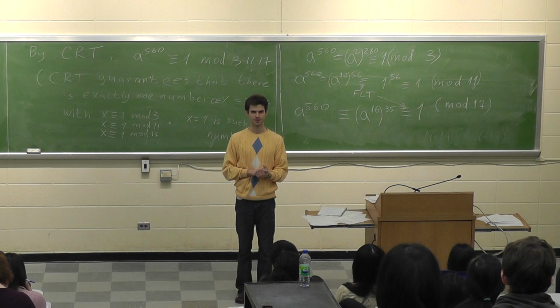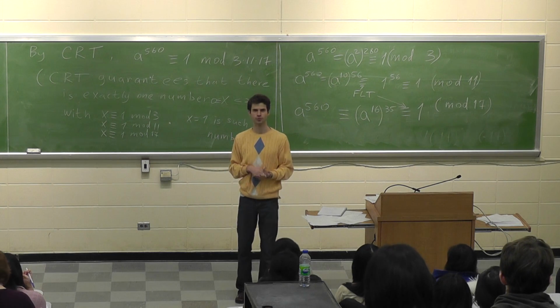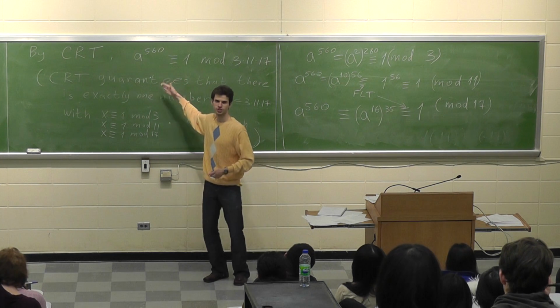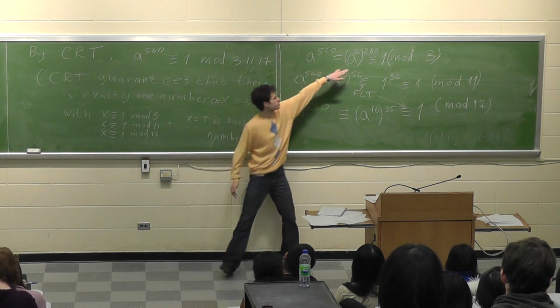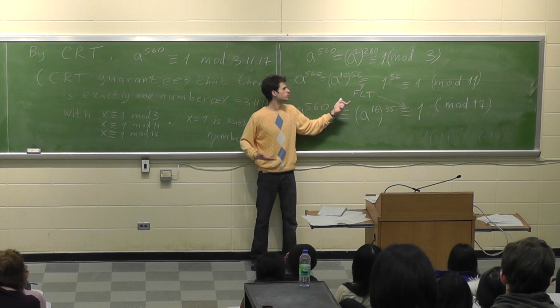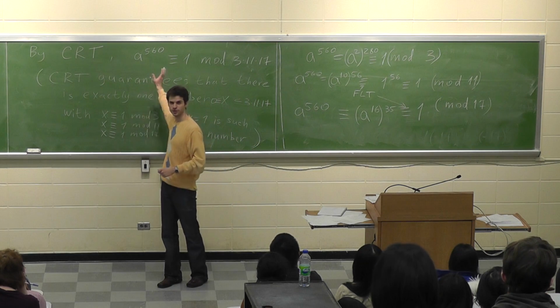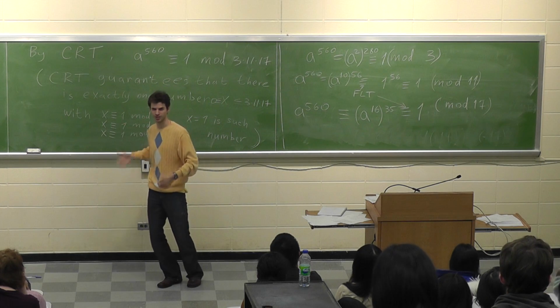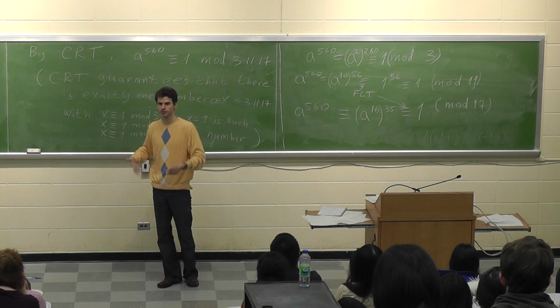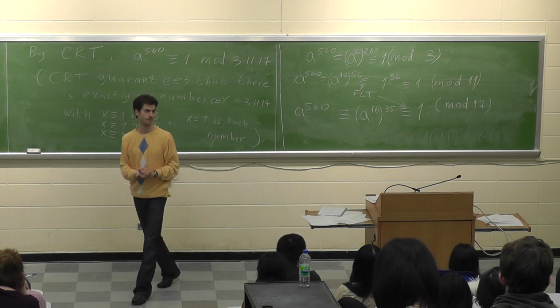I mean, you should know even before you get to this point that the Chinese remainder theorem, whatever answers you get here, will let you know the answer modulo the product, without actually figuring out what it is. You should know that for sure it will give you some answer.